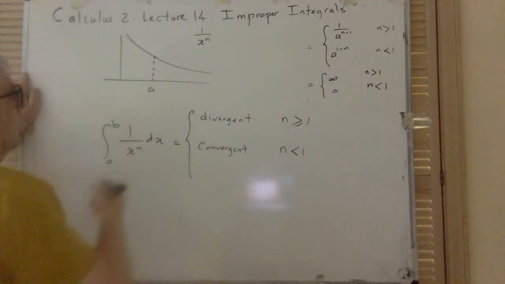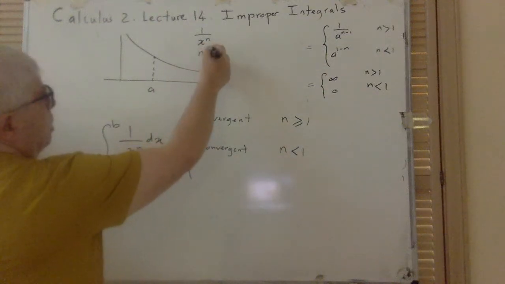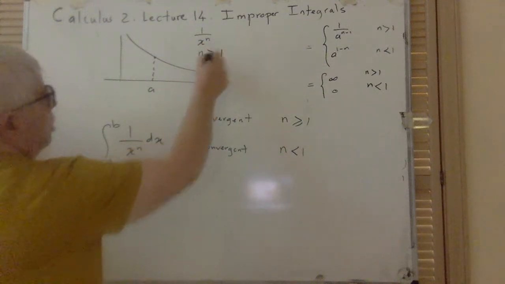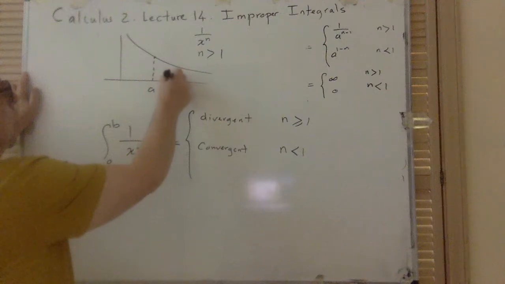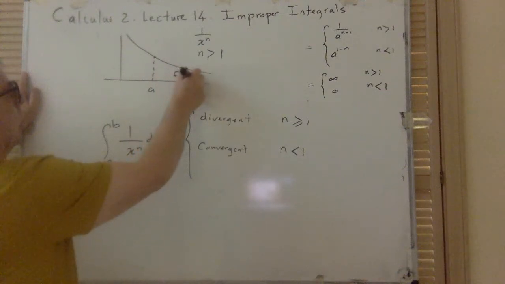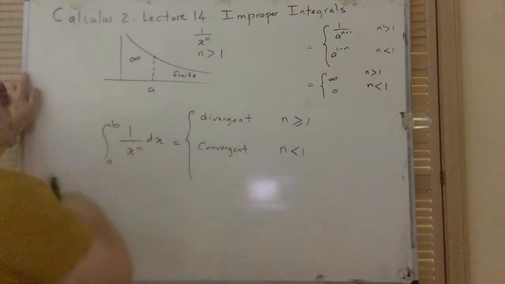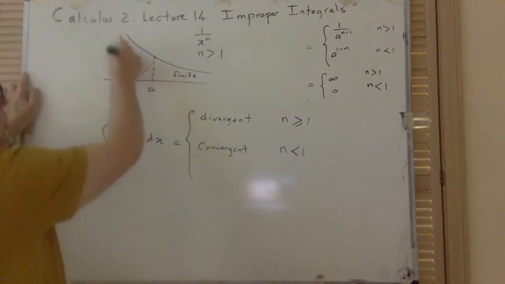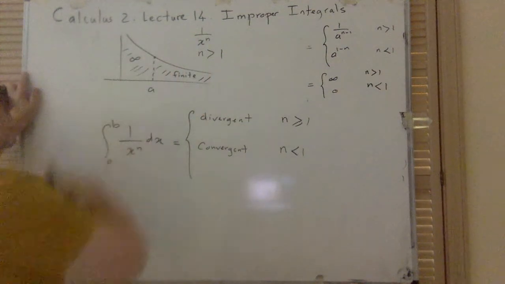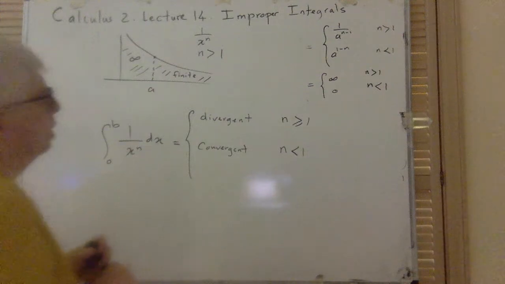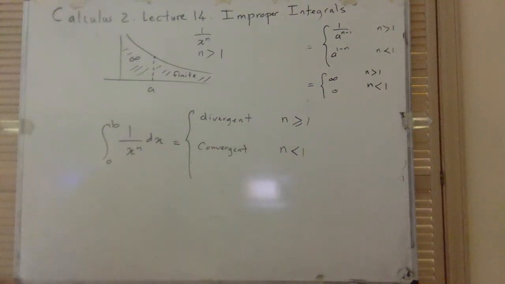Okay? And if n is bigger than 1, this is finite, this is infinite. Okay? This area is infinite, this area is finite. So that is when n is bigger than 1.